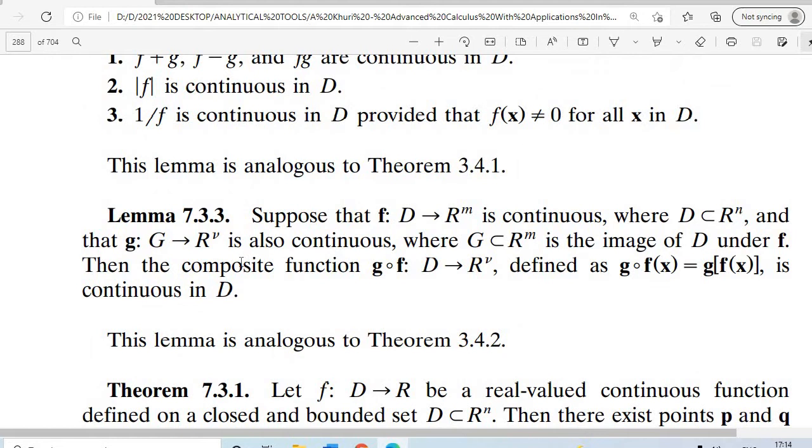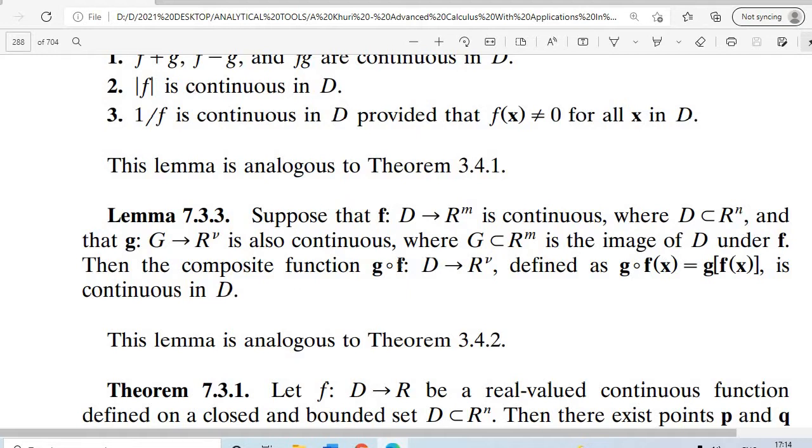Next is another lemma. Suppose that f from D to Rm, D subset of Rn, is continuous, and that g from G to Rv is also continuous, where G subset of Rm is the image of D under f.